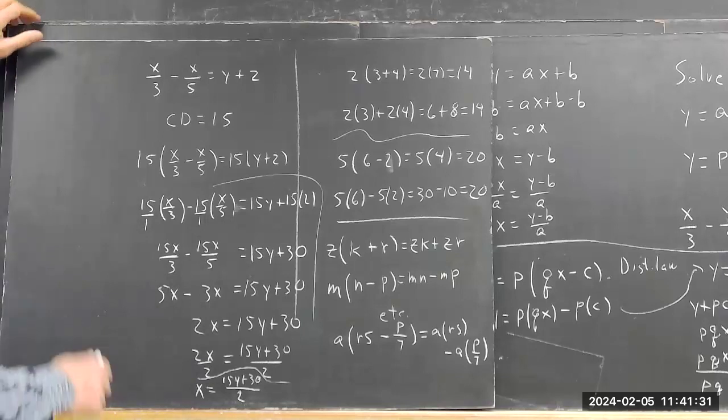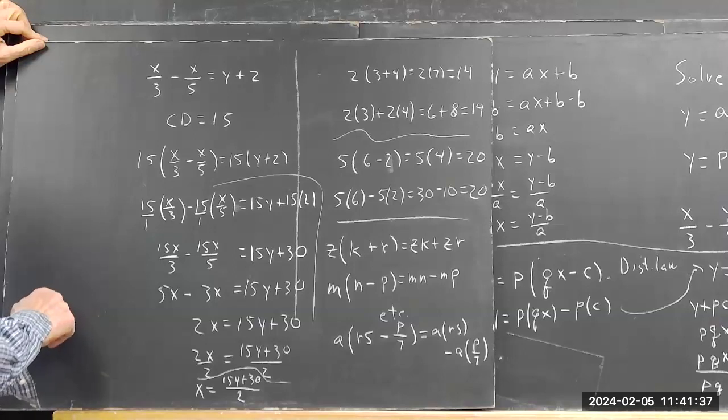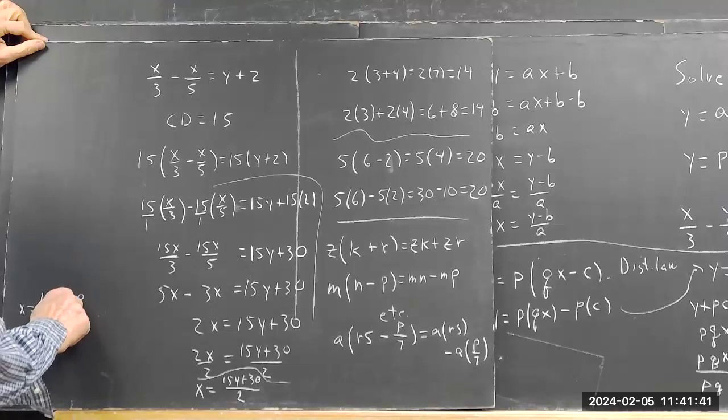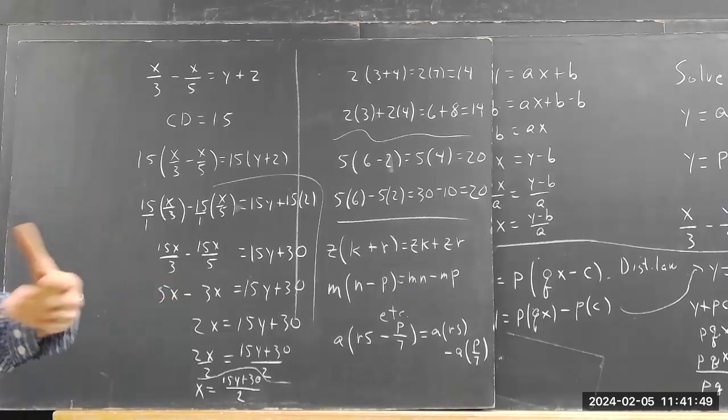Okay. So x equals 15y plus 30 over 2. Well, you have a distributive law for division as well, because division is just a multiplication by fractions.